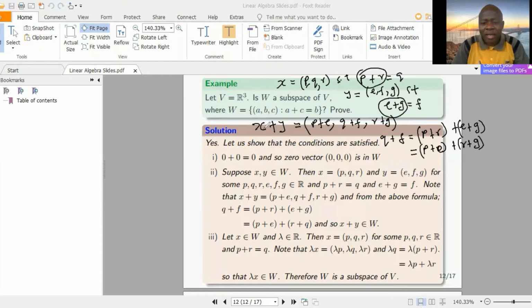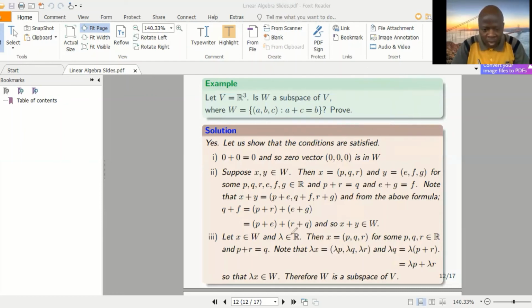In other words, X plus Y has obeyed the condition here. So that means that X plus Y is in W.